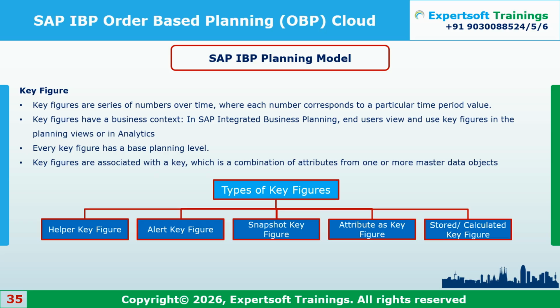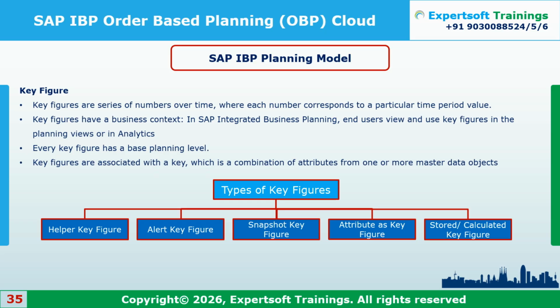Whereas calculated depends upon other key figure values and is determined with the help of a specific calculation expression. By loading other stored key figure values, the calculated key figure automatically determines its values based upon the calculation definition. So you don't need to upload or key in the data for the calculated one.